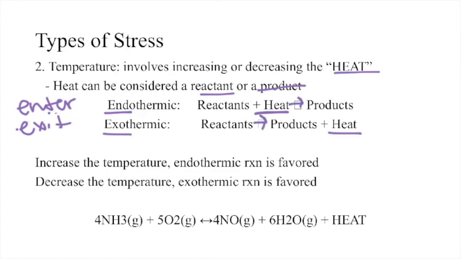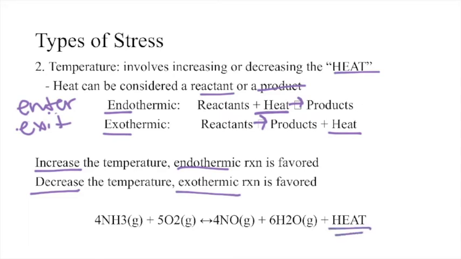Love how my arrow worked on the bottom. Okay, so when we're increasing the temperature, so we're adding more heat, so we're adding more product, it's going to favor the endothermic direction. So increase endo, and we're going to produce more product. Decrease exo. So let's look at this example below. So we have ammonia, oxygen, nitrogen monoxide, and water plus heat.